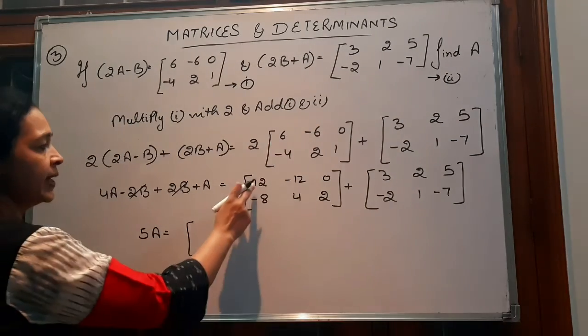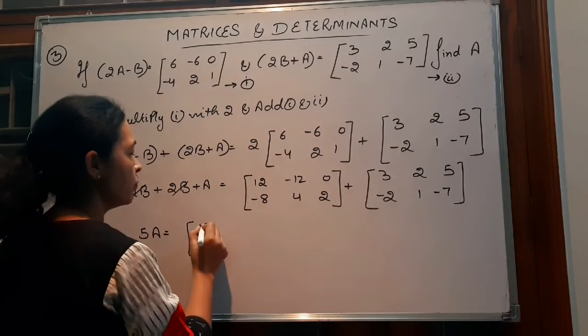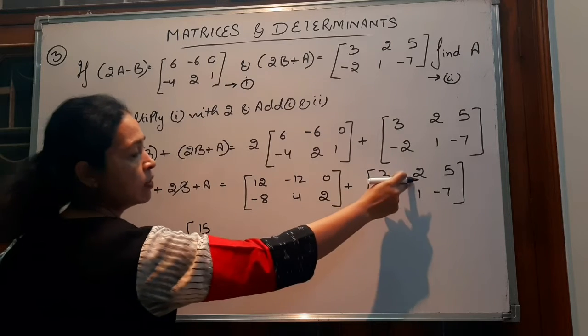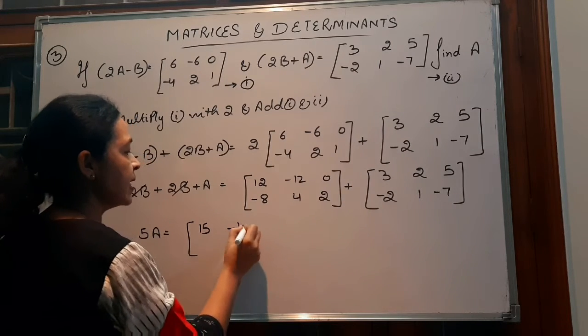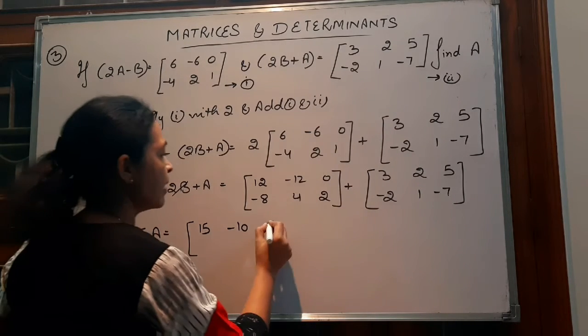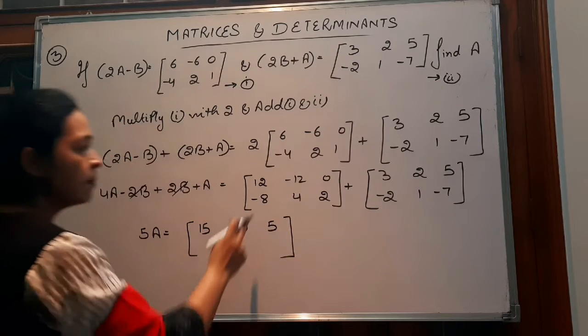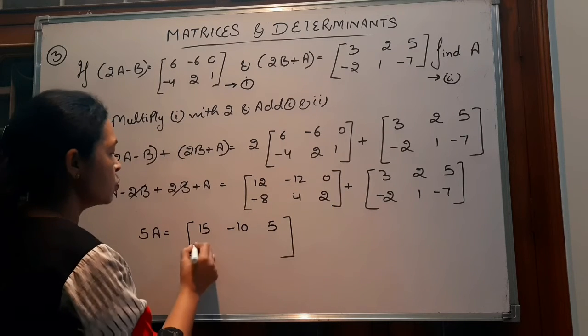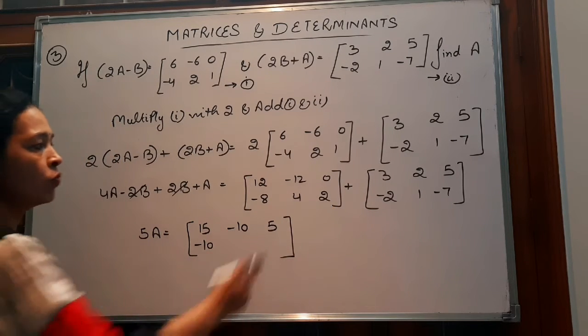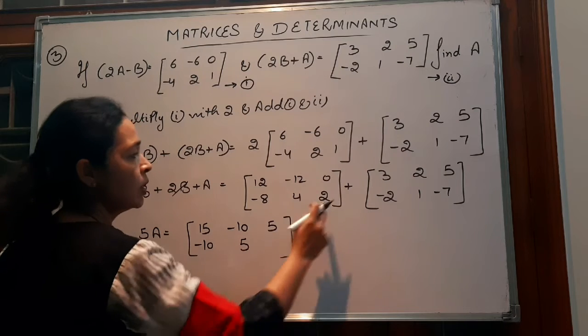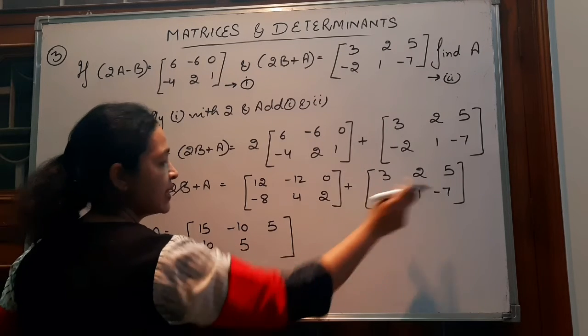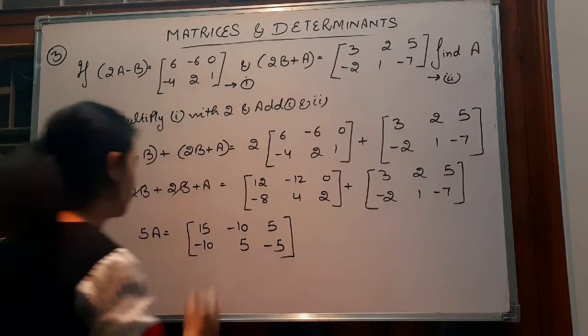Corresponding elements will be added. 12 plus 3, 15. Minus 12 plus 2, minus 10. 0 plus 5, 5. Minus 8 plus minus 2, we will get minus 10. 4 plus 1, 5. 2 plus minus 7, minus 5.